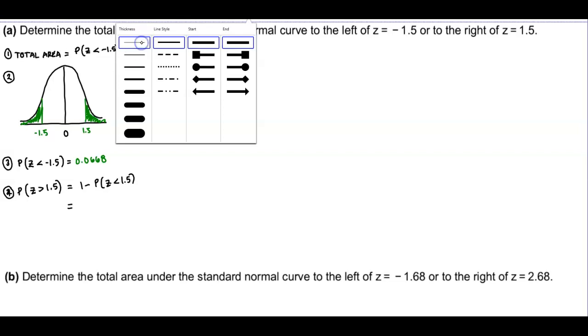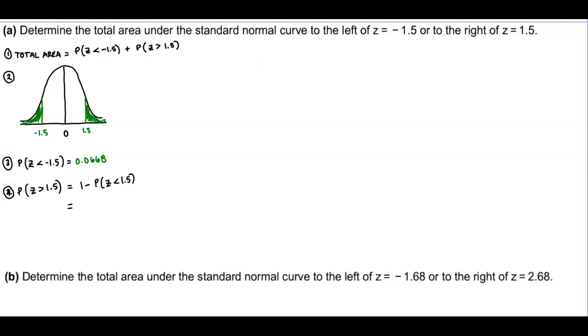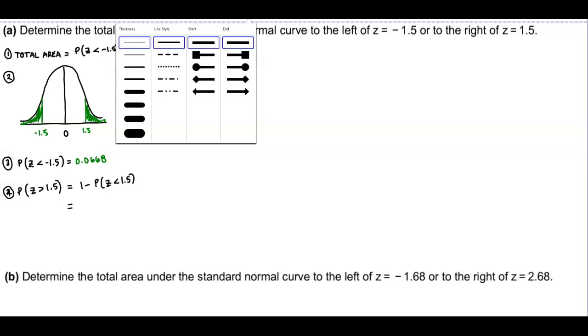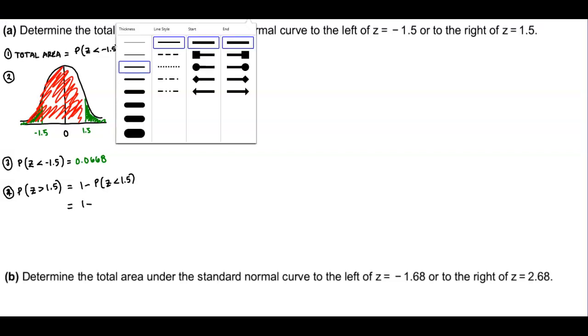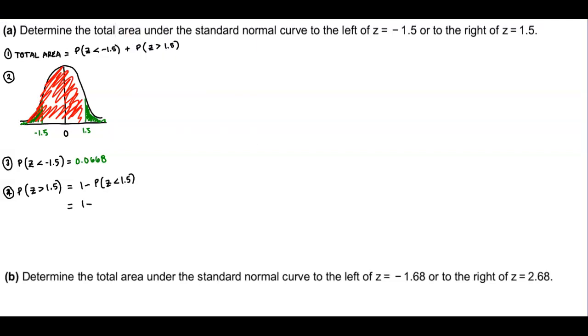So let's go ahead and shade that part. If we wanted to find everything to the left of this, we're going to take 1 and then subtract what we get for the area to the left of 1.5.